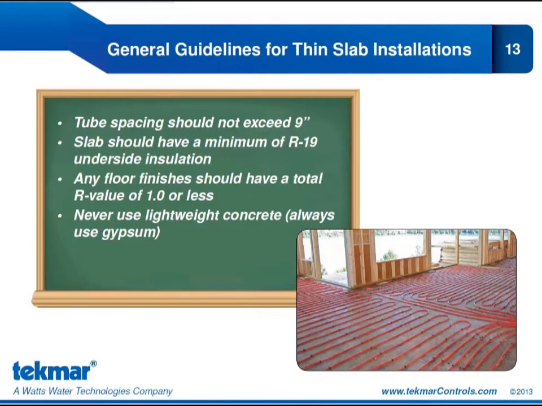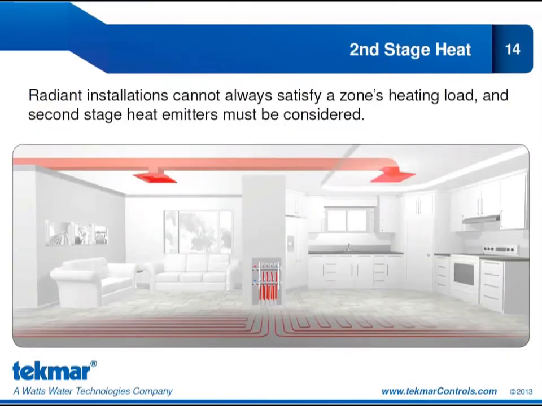Now when we're designing the radiant system, it's often the case where the heat output from the radiant does not match the heat loss of the space. So this is when we have to consider second stage heat. So this is an example of a space that has a radiant floor as our first stage of heat and a forced air system as our second stage of heat.